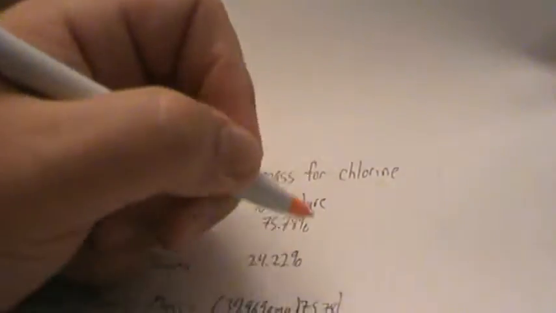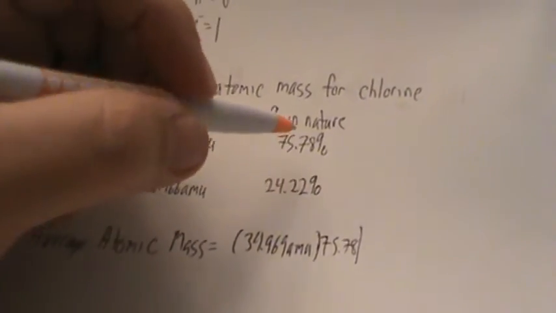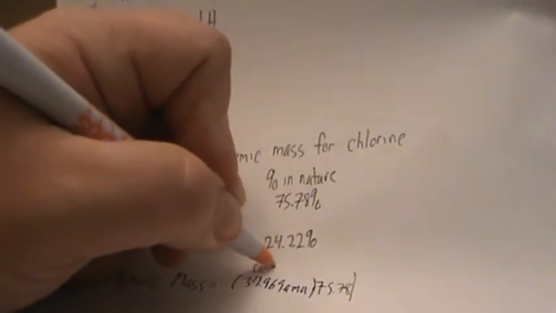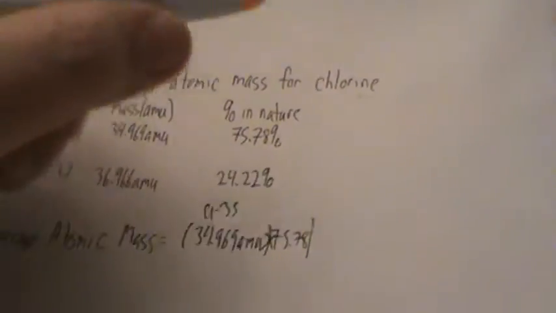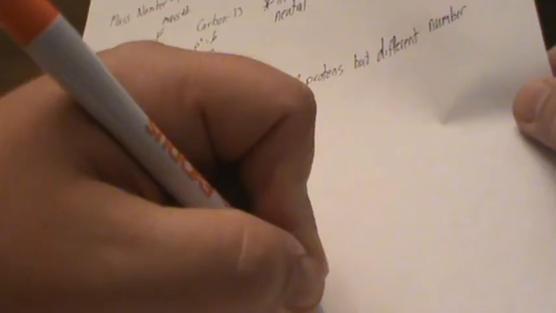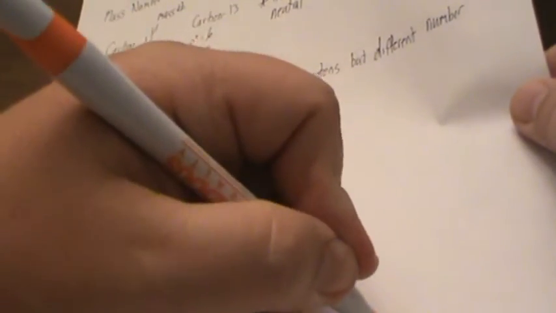Okay, so 34.969 times 75.78. Excuse that line right there. Accidentally bumped myself. So we're going to multiply those two numbers. Plus, then for chlorine 37, do the same thing. 36.966 AMU times 24.22.